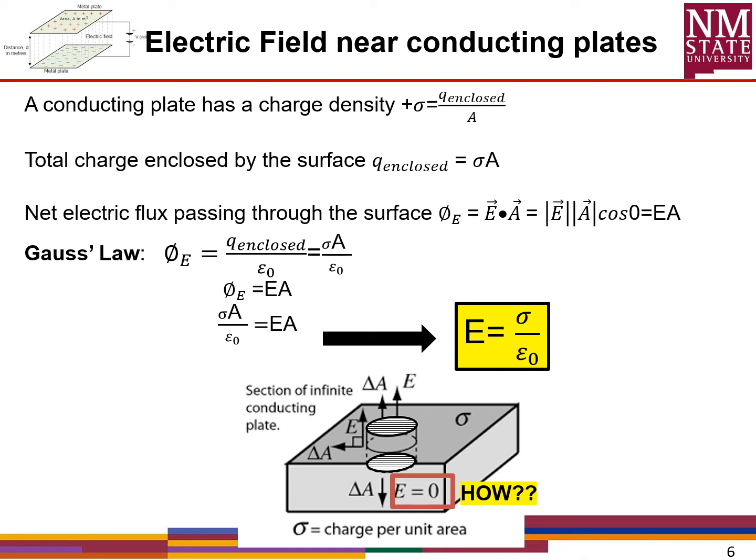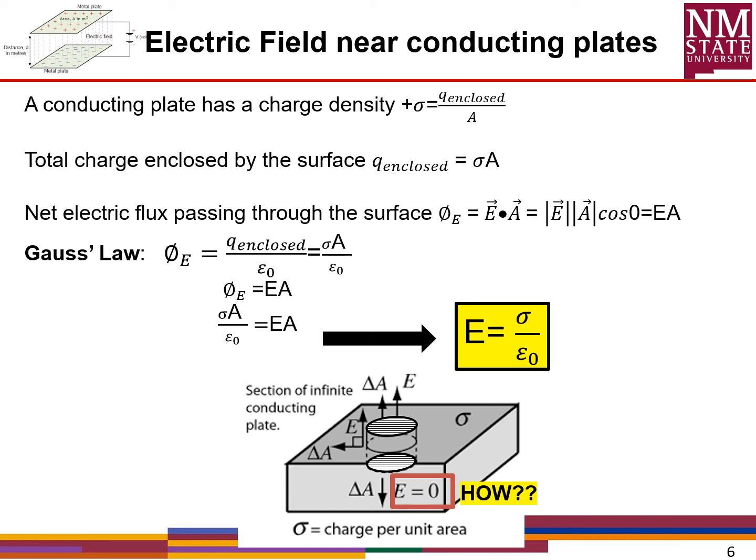Then this A cancels with this A, and we can find the electric field near a conducting plate as E equals charge density divided by epsilon 0. If you remember in the previous slide, we found the electric field near a large sheet of charge.